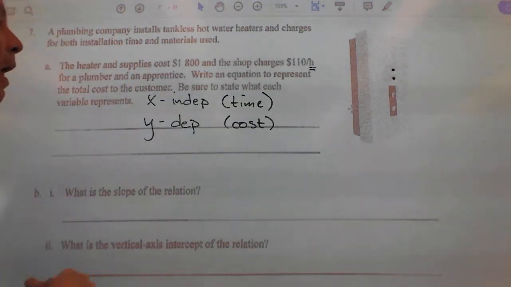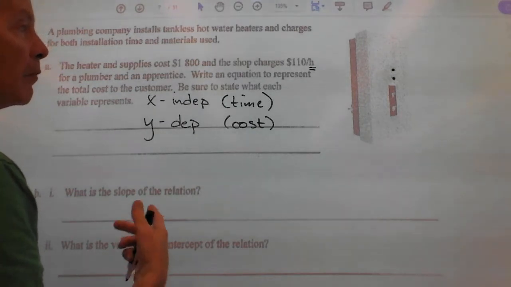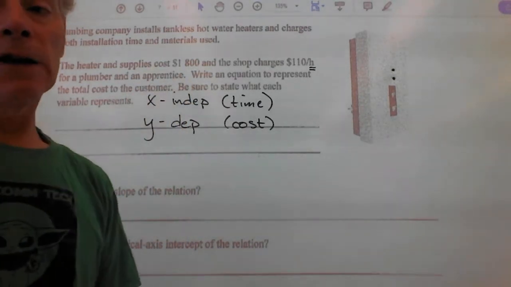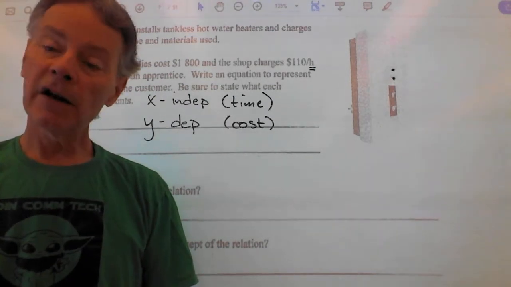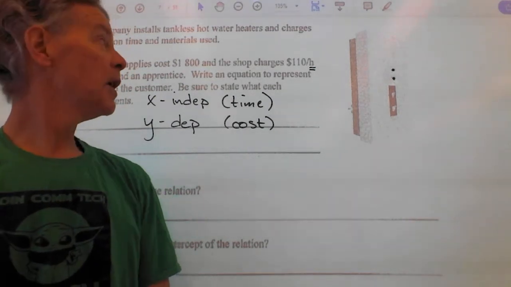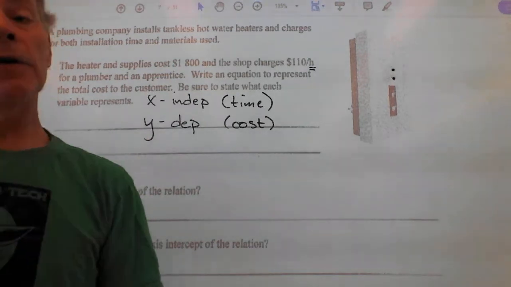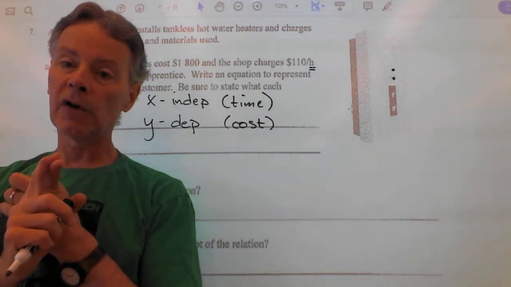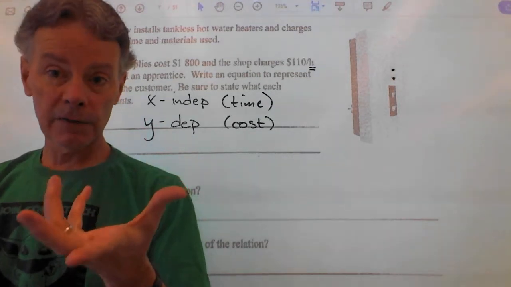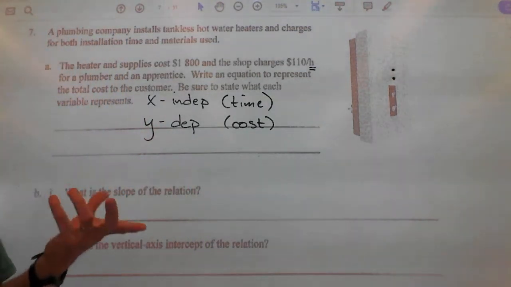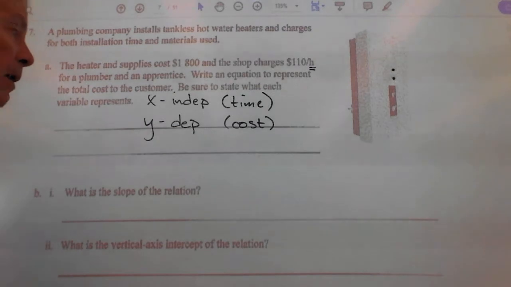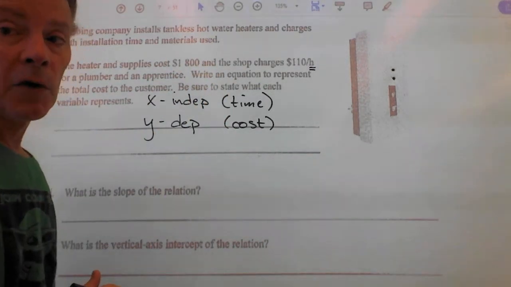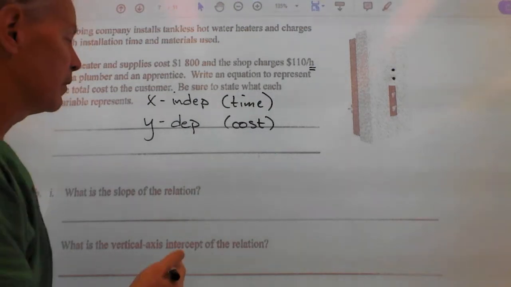So, that being said, we have one other number, that's the cost of the heater and supplies. That doesn't vary. It's going to be $1,800 whether it takes the plumber 1 hour to install it or all day to install it. The cost of the heater is going to be $1,800. So that is our constant term, or our y-intercept.